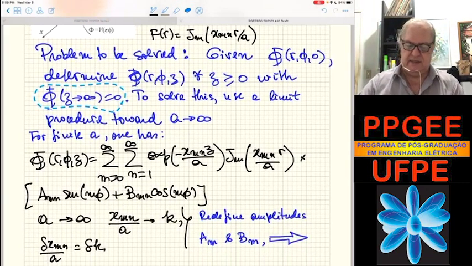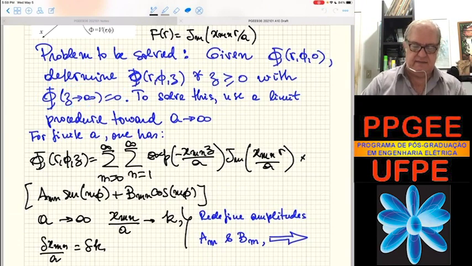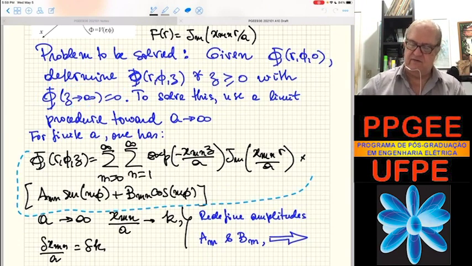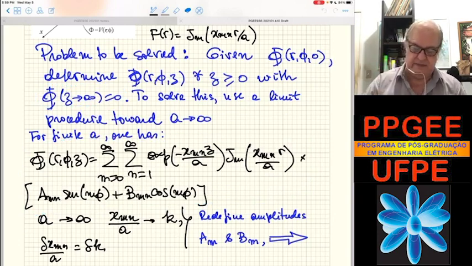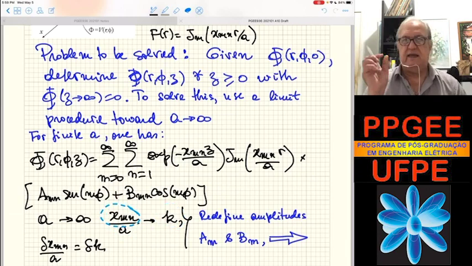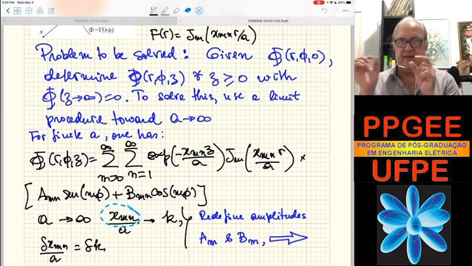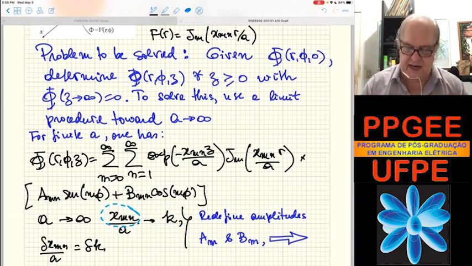Well, we had the solution of something like this for finite a. What's going to happen now is that, as we did before, this ratio becomes a continuous variable because the roots are distant by discrete amounts, but divided by a, the change in this variable is continuous.